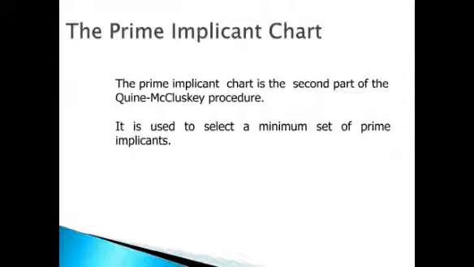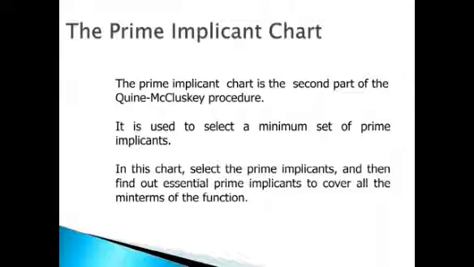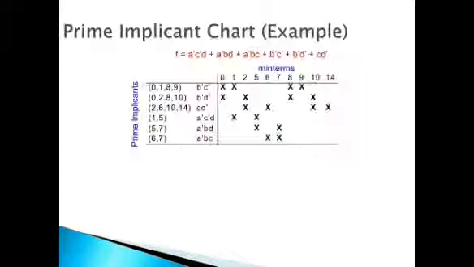It is a very similar map like a K-map. In this case, we will first select the prime implicants and then we will find out the essential prime implicants to cover up all the min terms of the function.